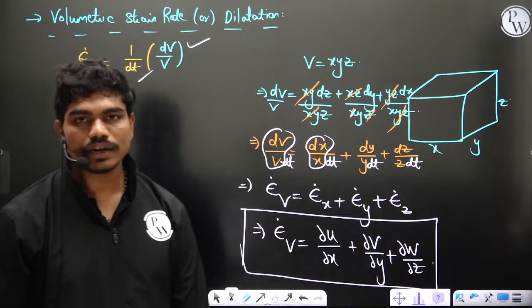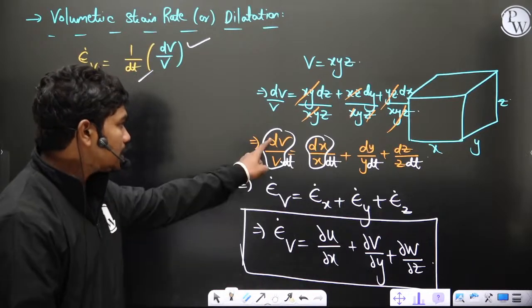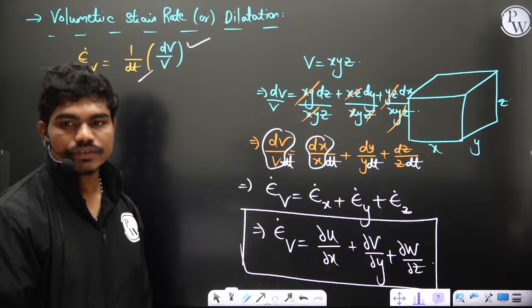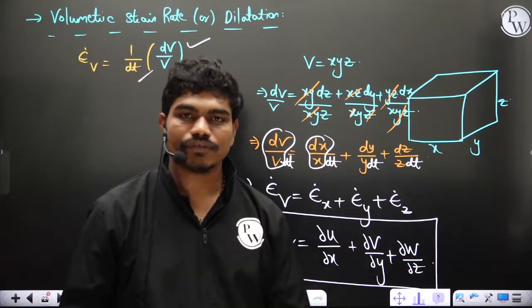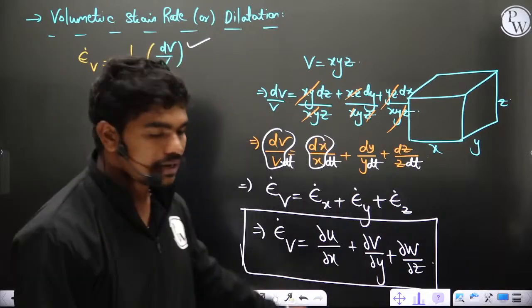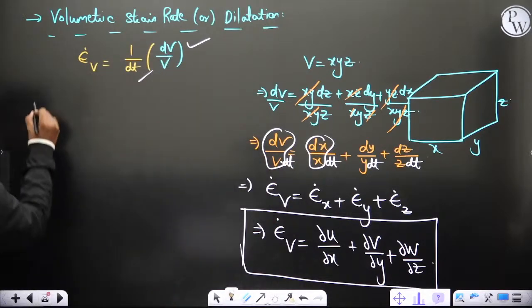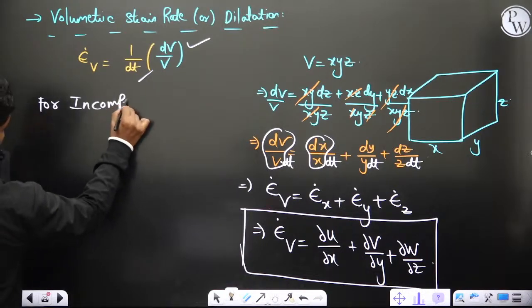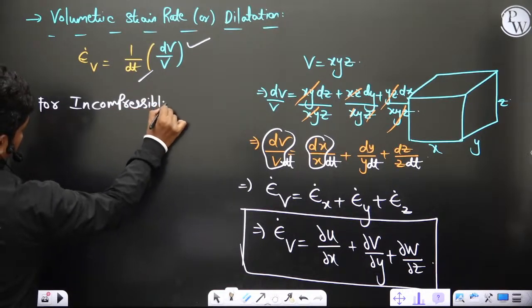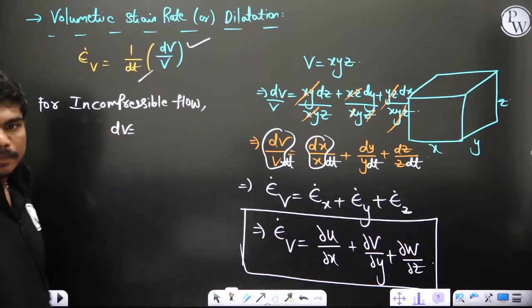Now can anyone tell me, if the flow is incompressible, what is this dv? If density is fixed, then for a given mass, volume should also be fixed. Then what is this dv? For incompressible flow, what is dv?